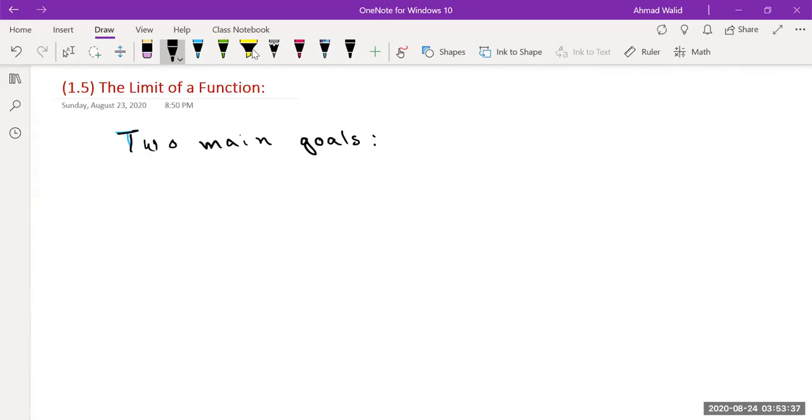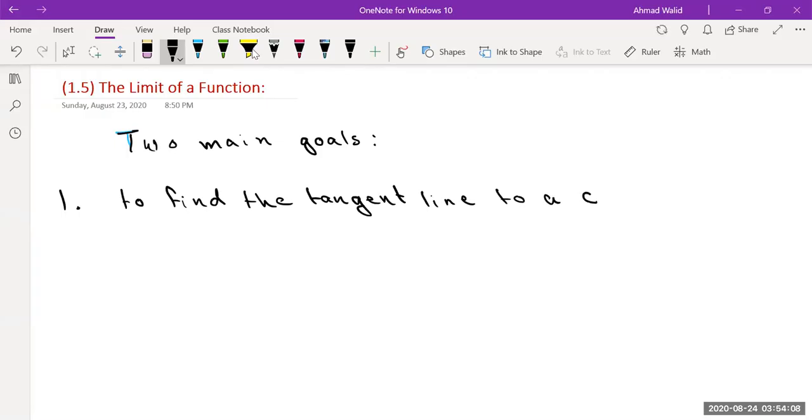The main idea to study calculus, our concern is two main goals. Number one, to find the tangent to a curve, or the tangent line to a curve. That's your goal number one.